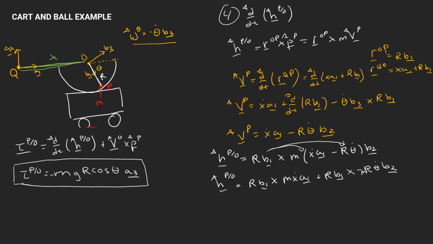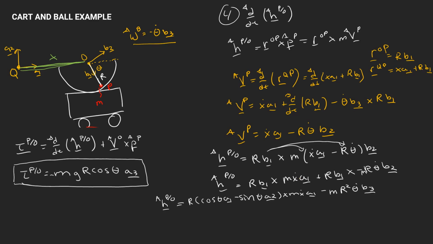Okay. So now we have to, again, take this B1 and write it in terms of A1 and A2. We did the exact same thing in the last term. So we wrote that B1 is equal to cosine theta A1 minus sine theta A2, cross with m x dot A1, plus, and then here this ends up being a negative m r squared theta dot, and then B1 cross with B2 is equal to B3.